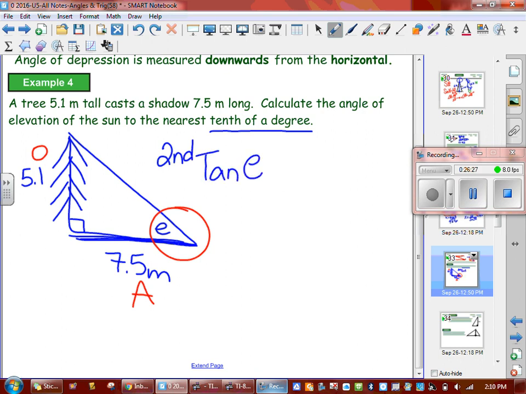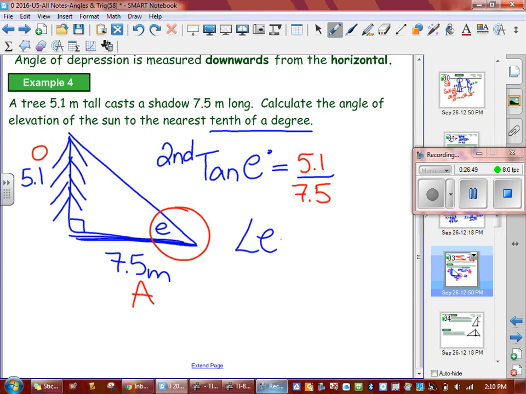Opposite, 5.1 divided by 7.5. So in the calculator, you're going to hit the second button first. Second tan, 5.1 divided by 7.5. You're going to get the angle of elevation is 34.2 degrees. Check your work.